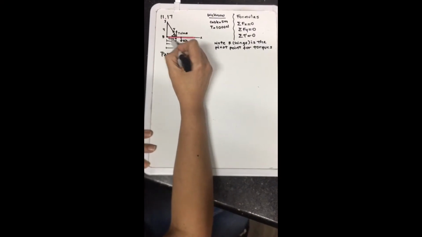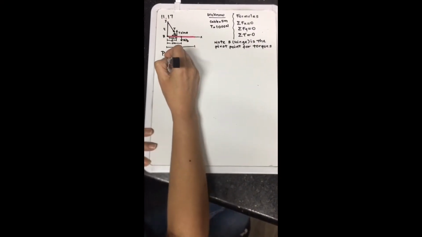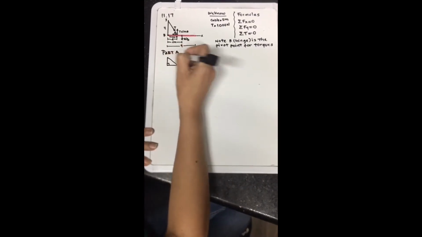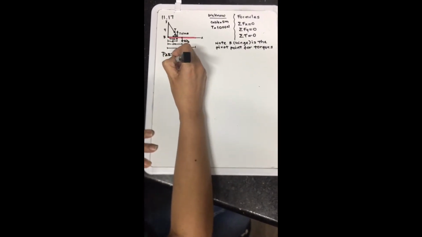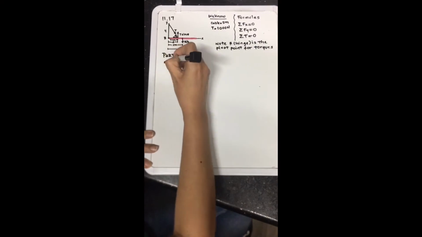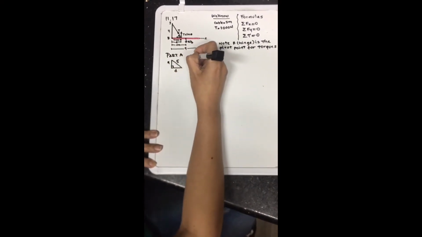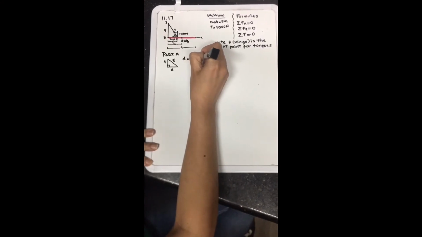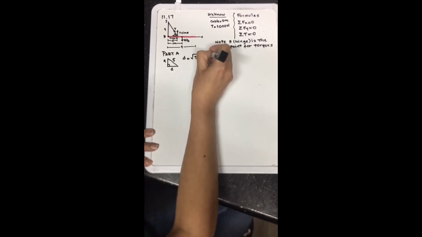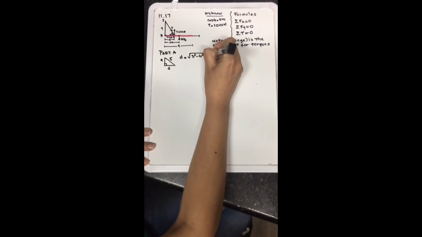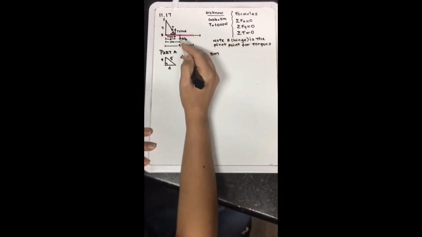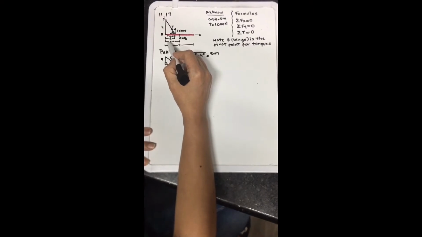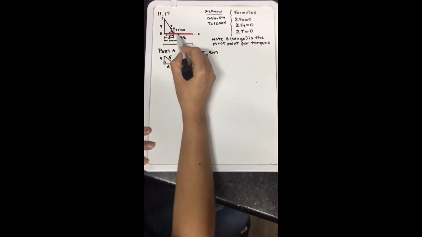This distance D is going to be found like this. This is a right triangle. This is 5, this is 4, and this is the distance D. D is equal to the square root of 5 squared minus 4 squared, which is equal to 3 meters. Then we need to find the center of mass of the beam.